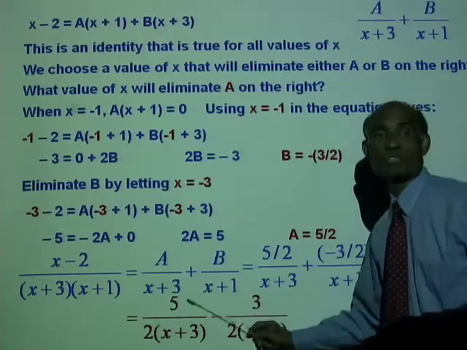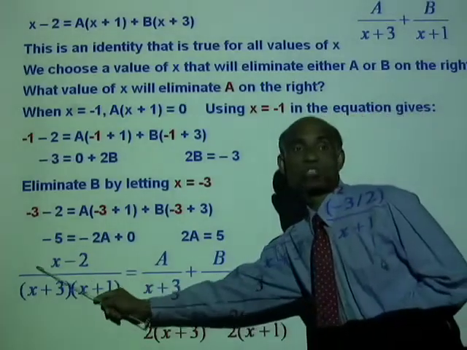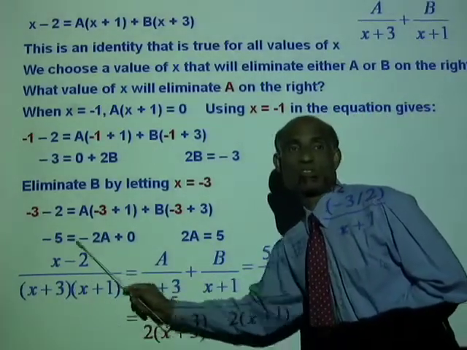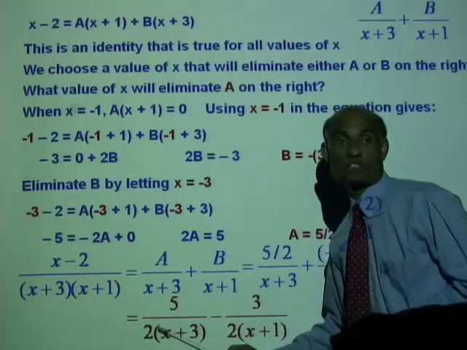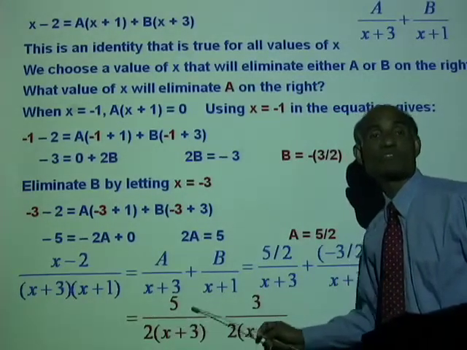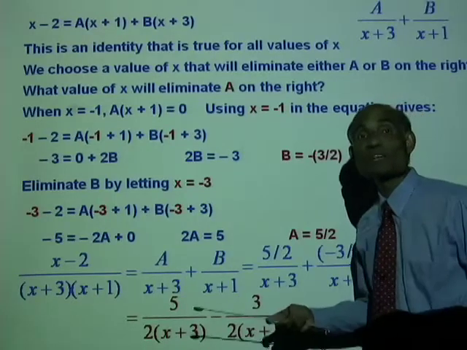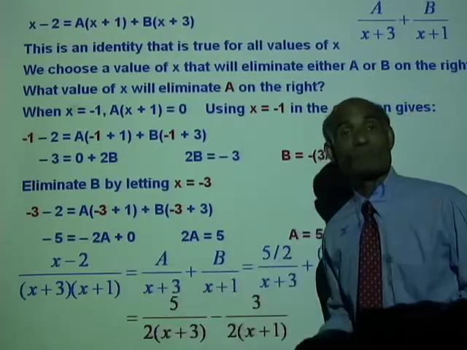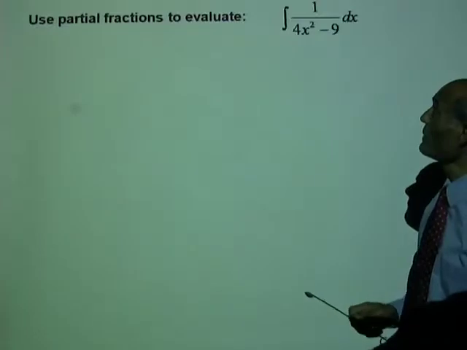Now, what you should appreciate is that while it is difficult to integrate this left-hand side, it is very easy to integrate the right-hand side because we can integrate each of these simple expressions one by one. Alright, that's what we will do in this.